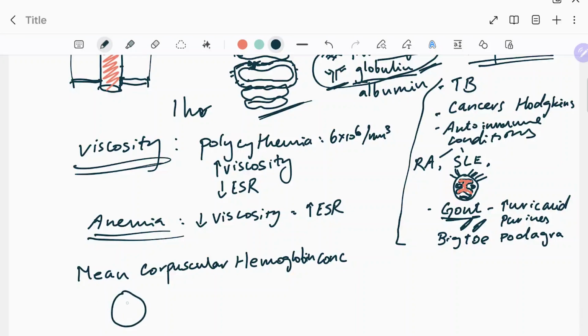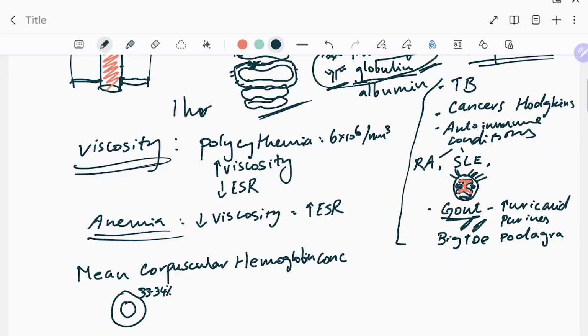So your mean corpuscular hemoglobin concentration tells you how much of your RBC's cytoplasm is hemoglobin, and it's usually 33, and it never crosses 34%. It's very unlikely to cross 34. So if you have less hemoglobin in the cells, like in iron deficiency anemia, for example, your cells are going to have very little hemoglobin, even in thalassemia.